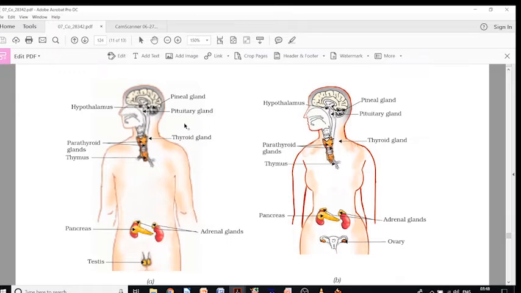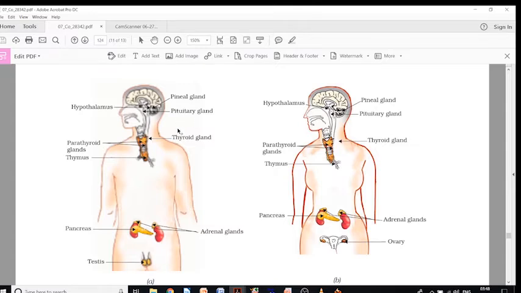And if you see some person who is dwarf, why is it so? You can say that the growth hormone, that is the pituitary gland's hormone, is not enough for growth. That is how you can understand that.